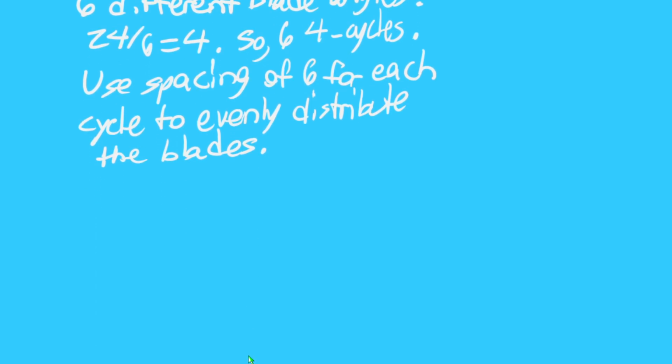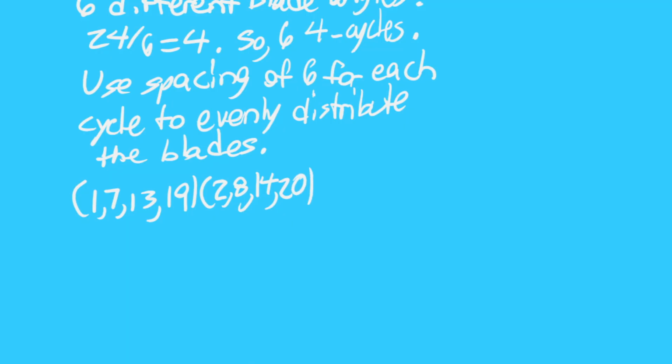So what that means is we can do a cycle like 1, 7, 13, 19. So basically we have 1, add 6, we got 7, and then add that 6 again, we got 13, add it again, we got 19. So that's 1 4-cycle. And then we can do 2, 8, 14, 20.